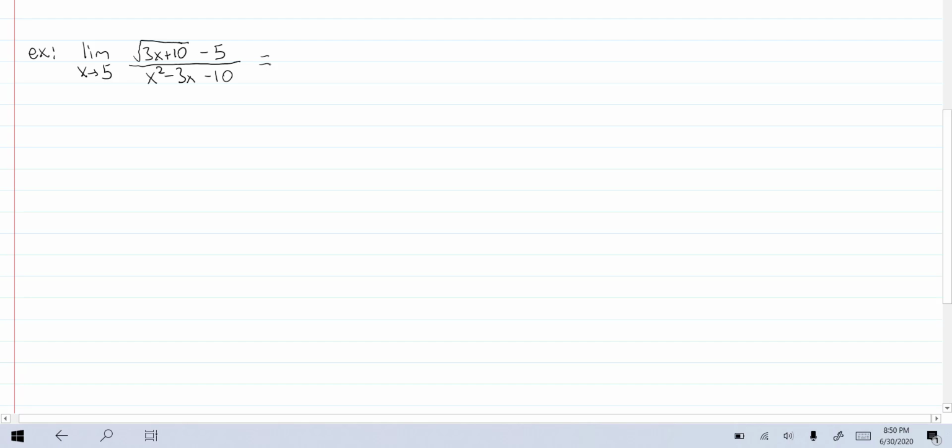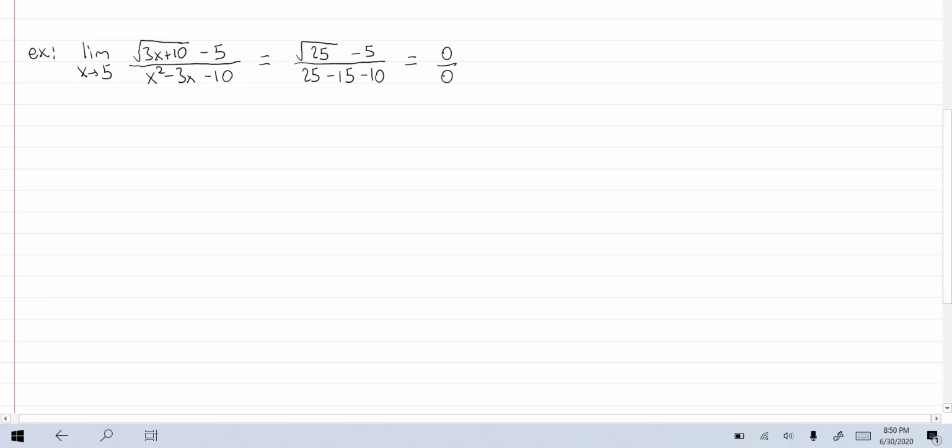Now, first let's just try plugging in 5 for x. If we do that, we're going to get 3 times 5 is 15, plus 10 is 25, so we got square root of 25, minus 5 over, in the denominator, 25 minus 15 minus 10. And here we find that we do get that 0 over 0 indeterminate form. So therefore, we've got to do something to this problem in order to get the actual answer.